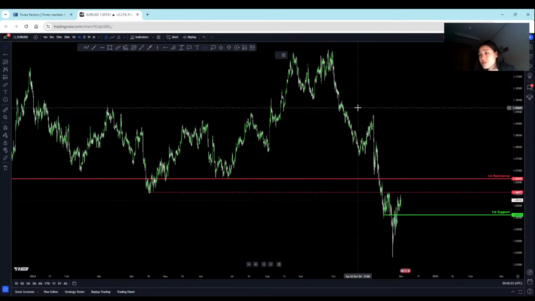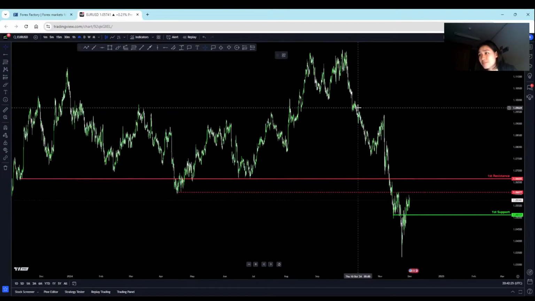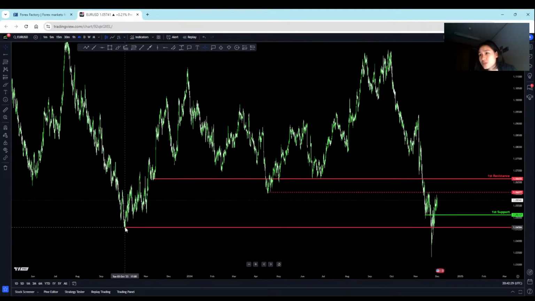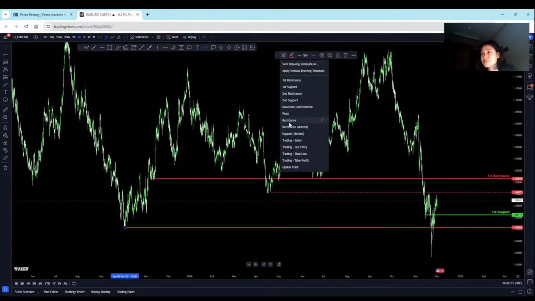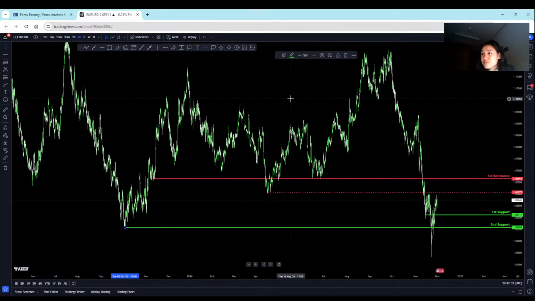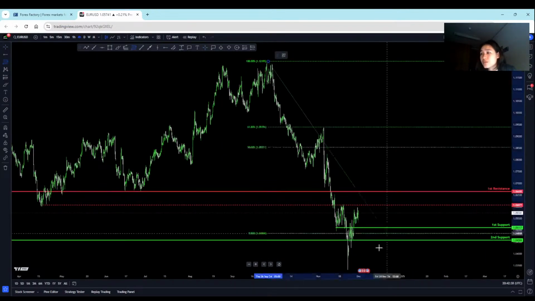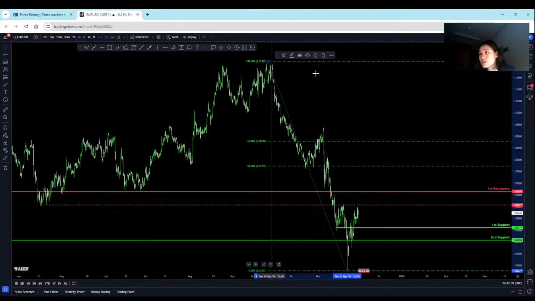First resistance. And maybe second support just over here. Okay, now going in with our Fibonacci levels.